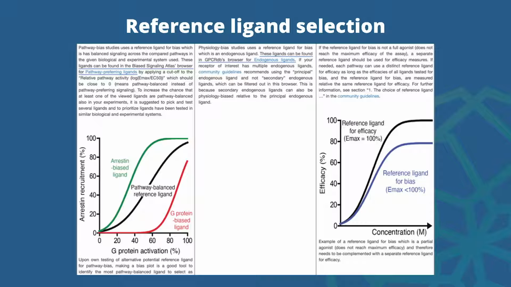And for that, you need to use a reference ligand that is balanced in these 2 pathways. So it has about a near equal signaling. And the guidelines describe how you can define the balanced reference ligand, for example, by using a so-called bias plot.